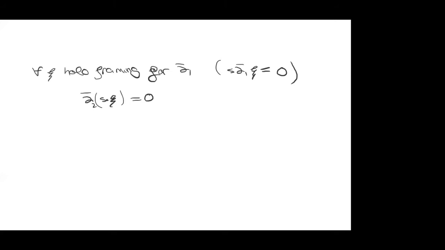Just developing, we find that delta bar f times S plus f delta bar_1 of S plus f delta bar_2 of S equals 0. And this is again equivalent to f minus 1 delta bar of f plus delta 2 applied to S equals 0.